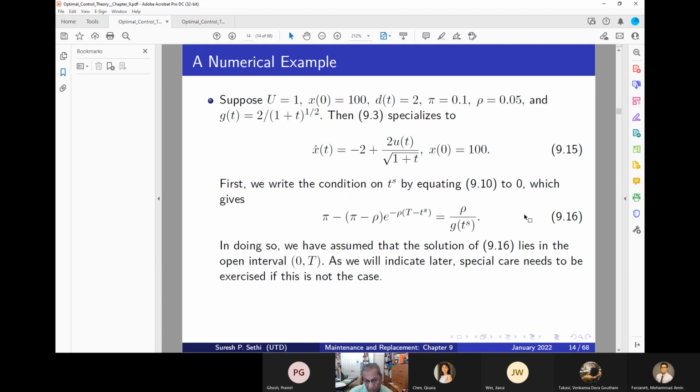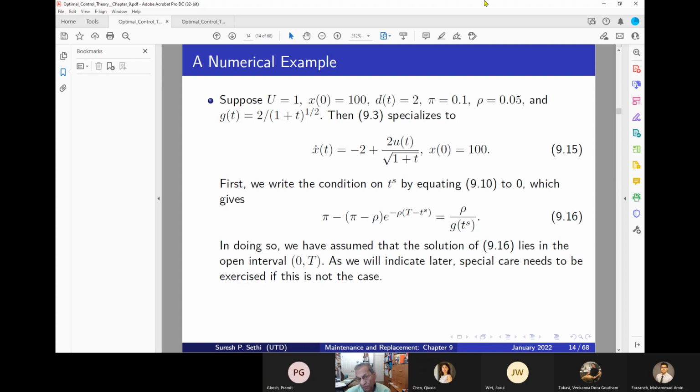In doing so, we have assumed that the solution of 9.16 lies in the open interval 0 to T. That means it's an interior solution. So what Thompson is doing now is to first take the interior solution and try to see how far he can go. And then he will also say that, as we'll indicate later, special care needs to be exercised if this is not the case.